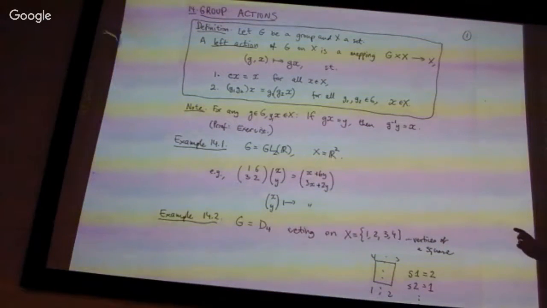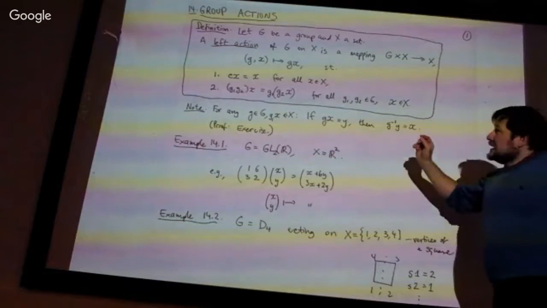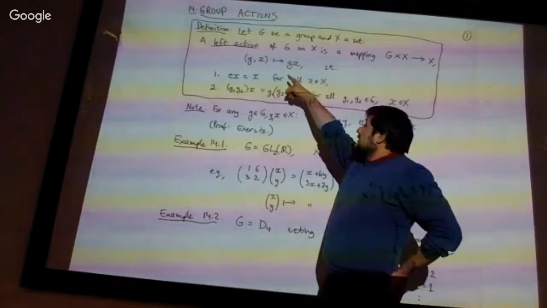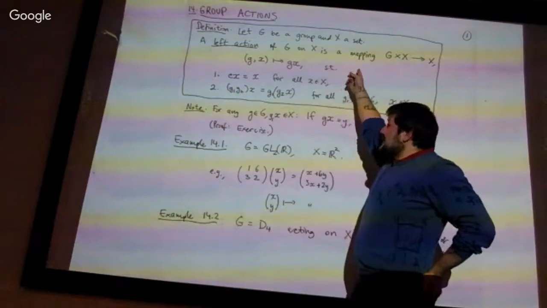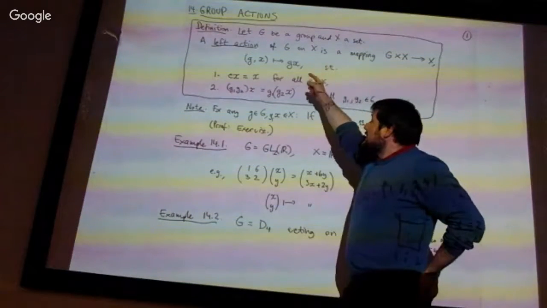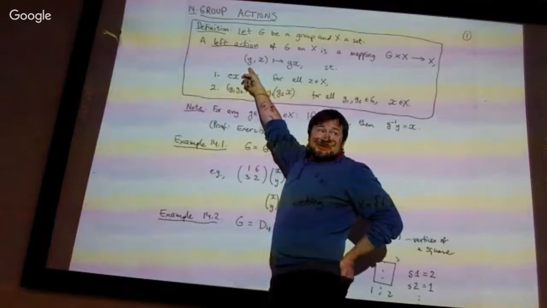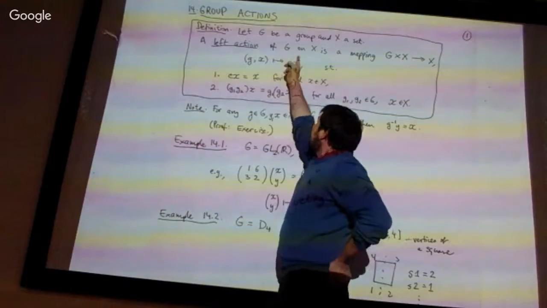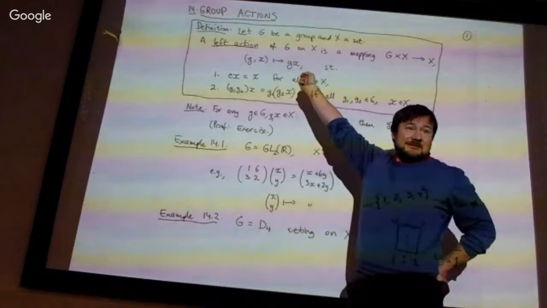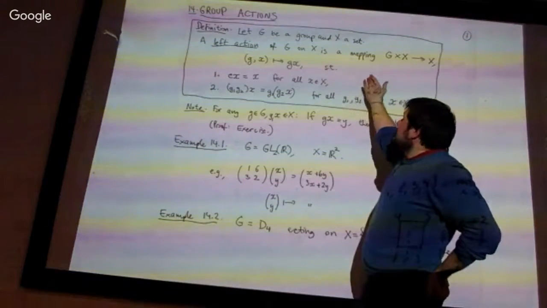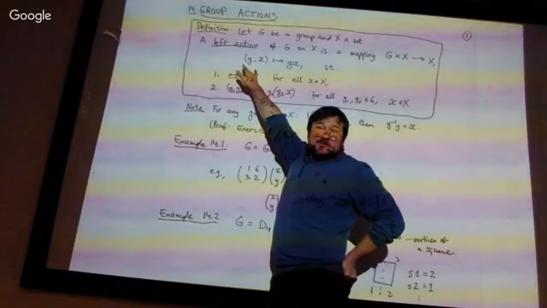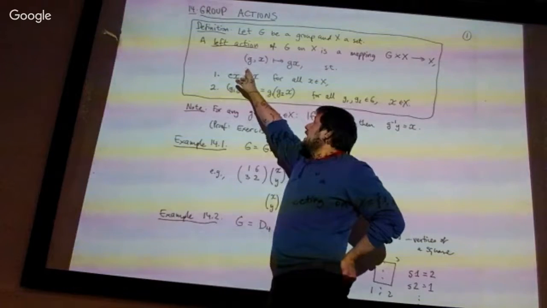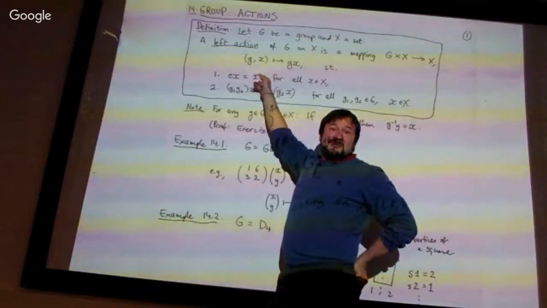Okay, so every element of the group, the way the definition is written, is that you have a mapping that takes an element of the group and an element of the set X, and that gives you something in the set X. Well, another way you can look at it is you fix g, one element of the group, and that does something to x's, so it moves x's around.